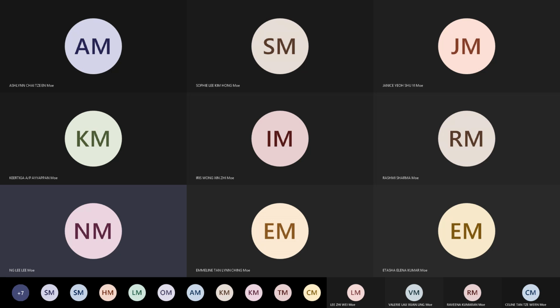You can use the formula y minus y1 equals y2 minus y1 over x2 minus x1, times x minus x1. You can straight away use this formula.